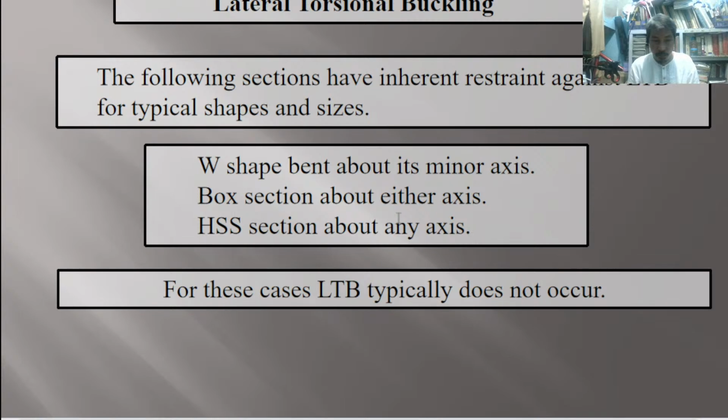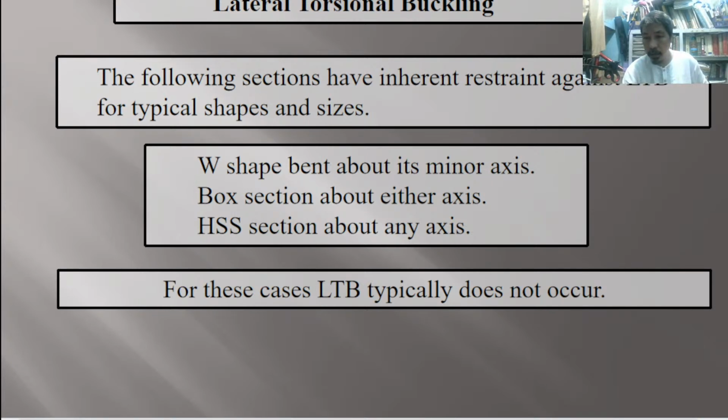As an example, the W section about the major axis could buckle torsionally, because it is longer. That's why it could easily buckle rather than about the minor axis. So that is the susceptibility for occurring.